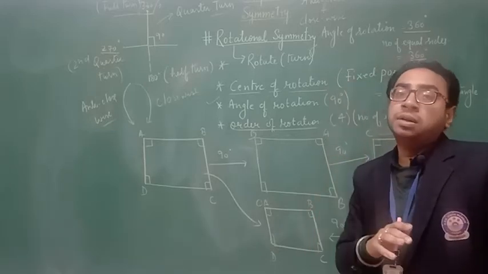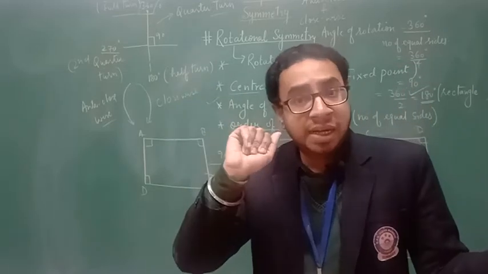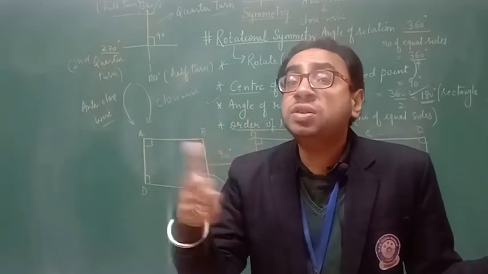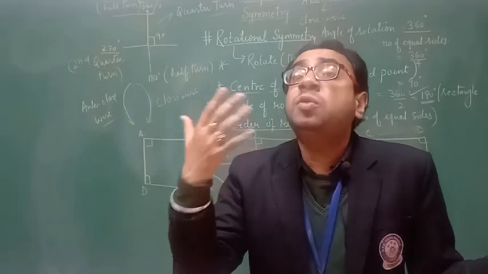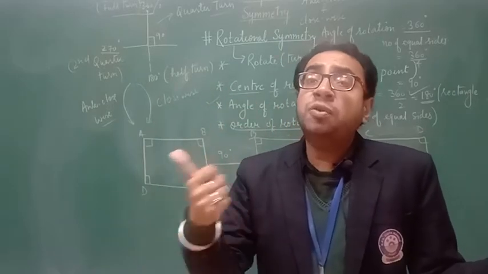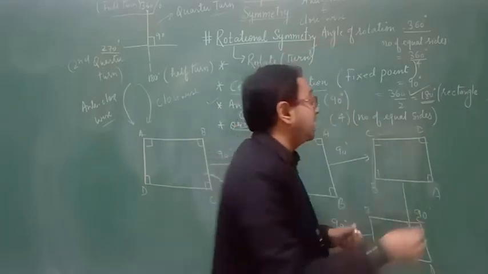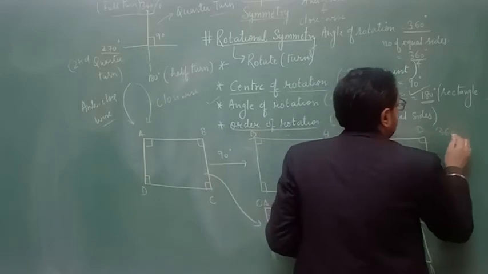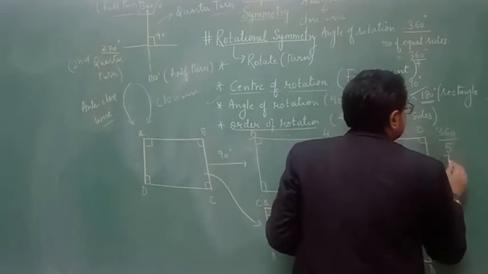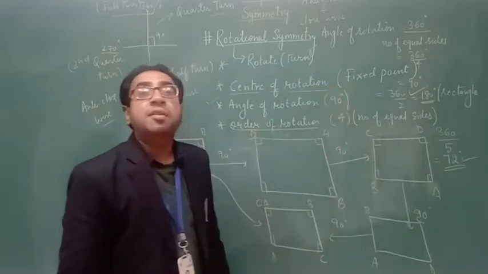How many equal sides are there for a regular pentagon? 5, right? So after how many rotations will it retain the same position back? Of course 5. That is why the order of rotation of a regular pentagon is 5. And if we have to find its angle of rotation, that is 360 upon 5. What is that? 72 degrees. 72 degrees is the answer for a regular pentagon.